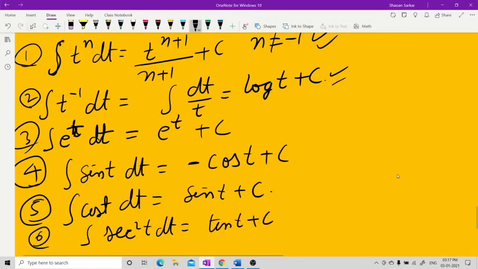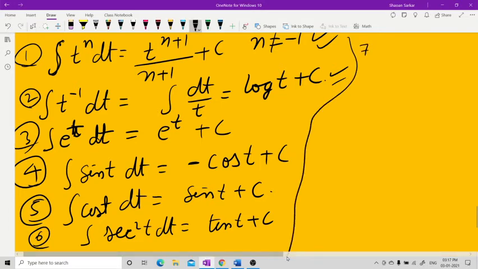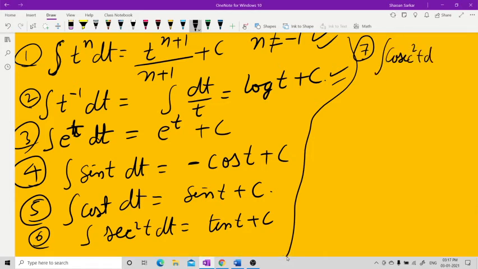Now I will do it here. Seventh, integral of cosec² t dt is equal to −cot t plus c.